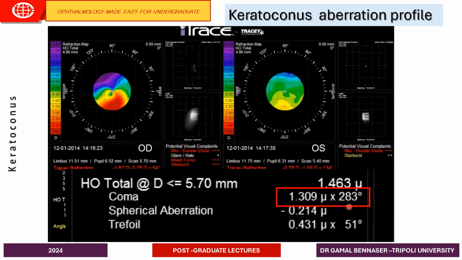So we determine the coma X from the aberration printout, and then accordingly we decide regarding the implantation of the ring. This is the steep X of the patient, so that we can implant the ring in the inferior part like this. Of course, as I said, it depends on the nomogram. We will choose which nomogram, and it will give you the thickness and the arc length of the appropriate ring that will correct the aberration of this patient.